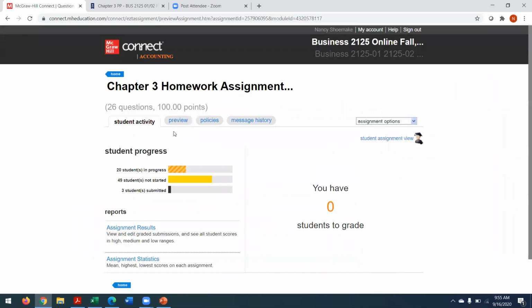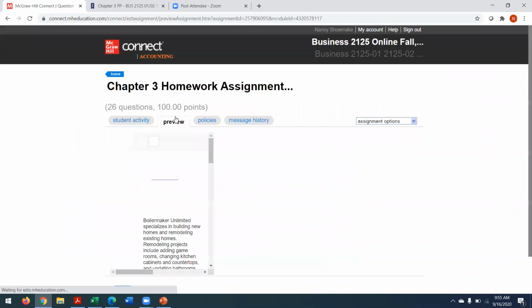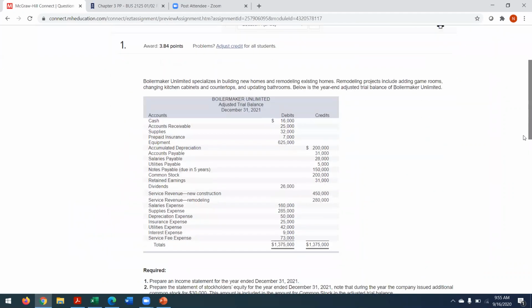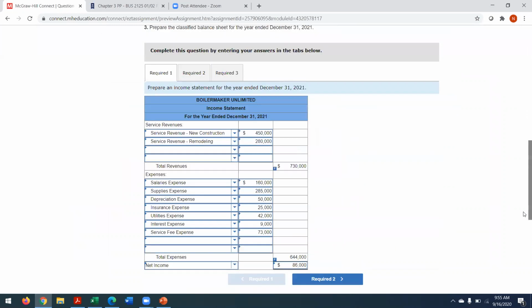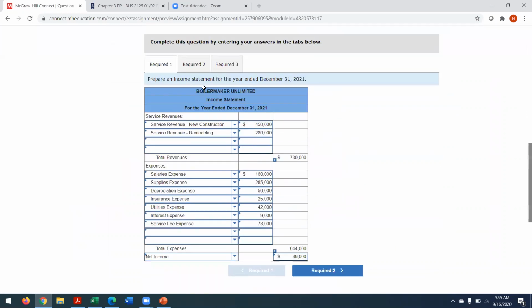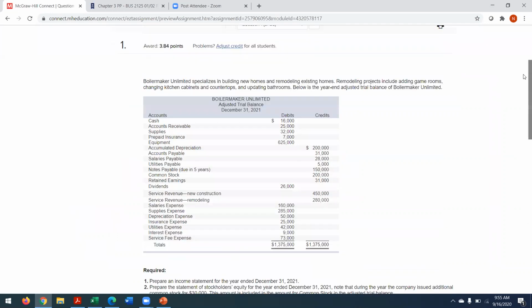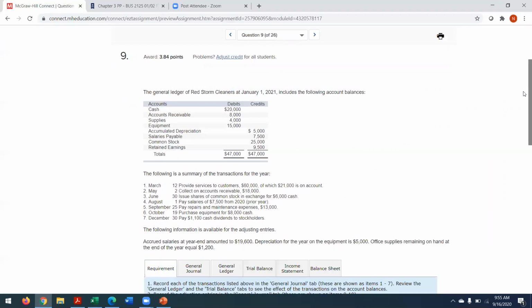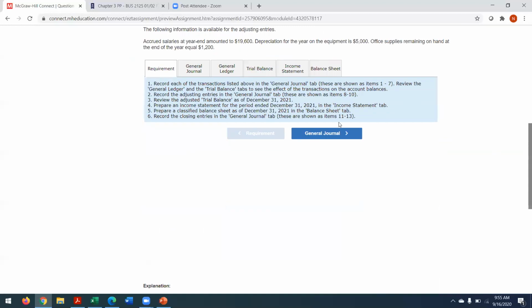Mine was incomplete. I went to my income statement, went down to my total expenses, selected net income, and checked it, and now mine says it's complete. It might just be the net income line you're missing.